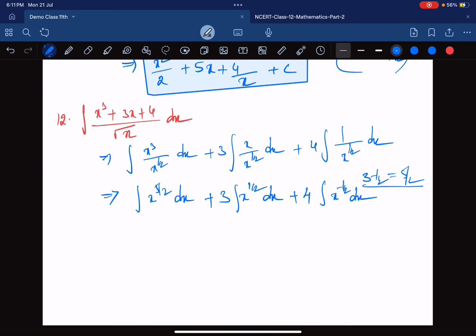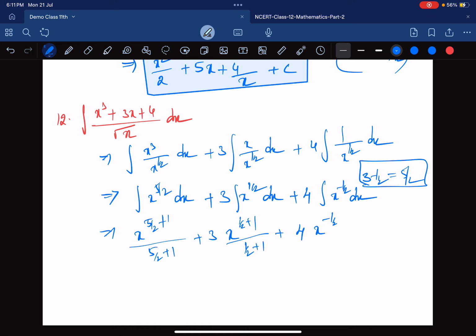So apply the integration formula for xⁿ. From this we'll get x^(5/2+1) by 5/2 plus 1, plus 3 times x^(1/2+1) by 1/2 plus 1, plus 4 times x^(−1/2+1) by −1/2 plus 1, plus c.